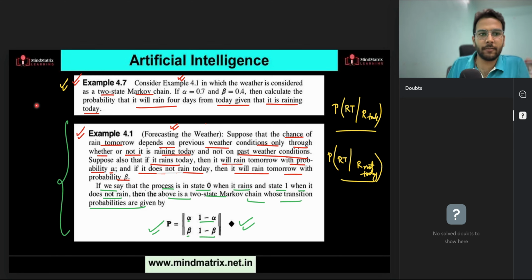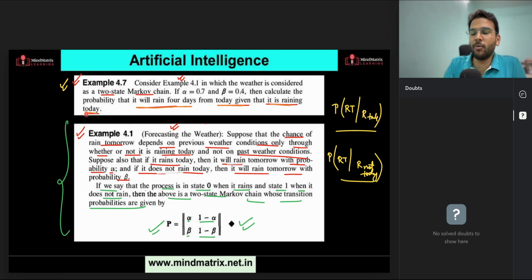So now the question is, calculate the probability that it will rain 4 days from today, given that it is raining today. After 4 days, still it will be raining. You have to find the probability.